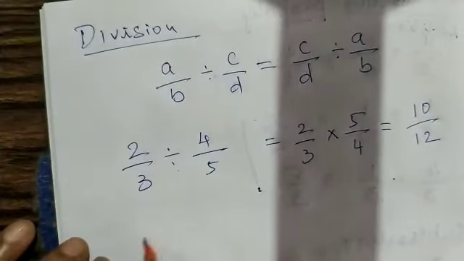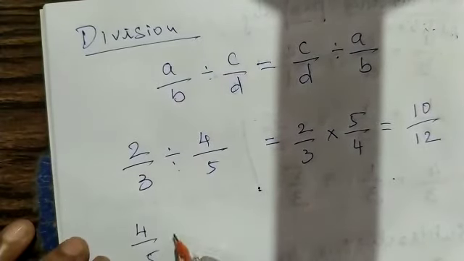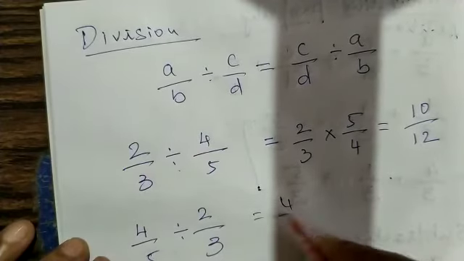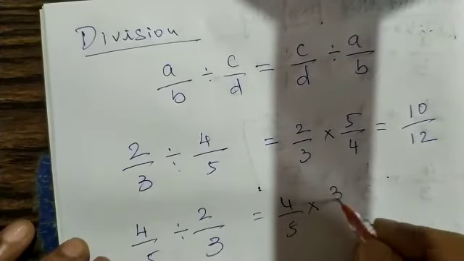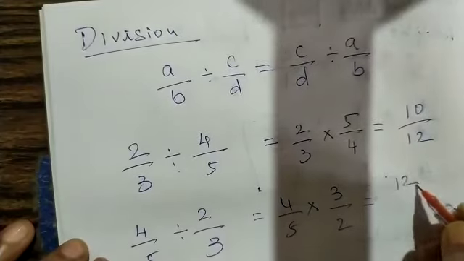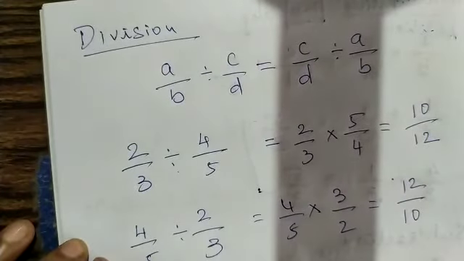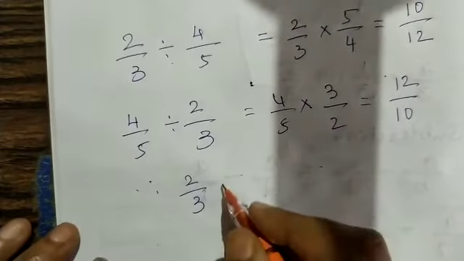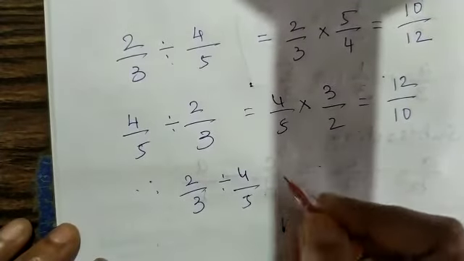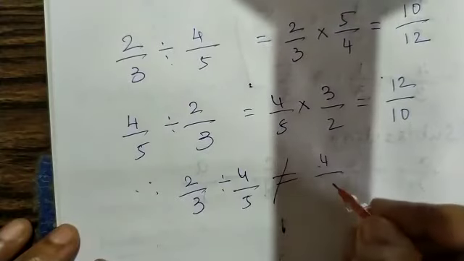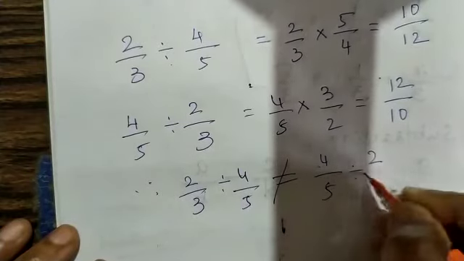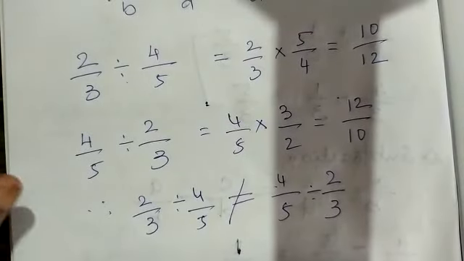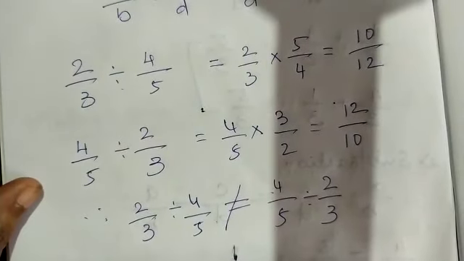Now we'll change the order. We'll take 4 by 5 divided by 2 by 3, so it will be 4 by 5 into 3 by 2. I will get 12 by 10. Therefore, I can tell 2 by 3 divided by 4 by 5 is not equal to 4 by 5 divided by 2 by 3. So division does not hold true for the commutative property.